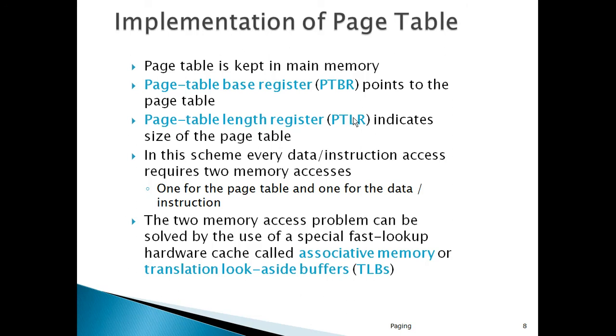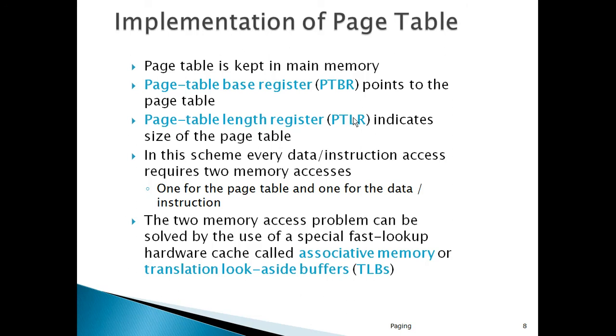It provides us with the frame number, which is combined with the page offset to produce the actual address. We can then access the desired memory. With this scheme, two memory accesses are needed to access a byte. That is, one is for the page table entry and the second is for the byte. Thus, memory access is slowed by a factor of 2.